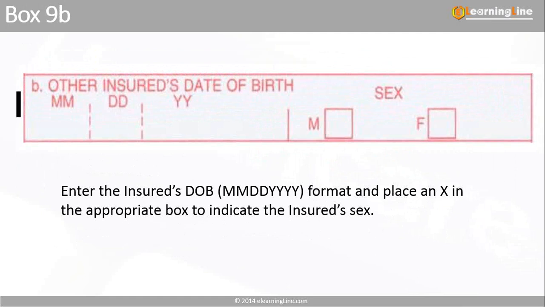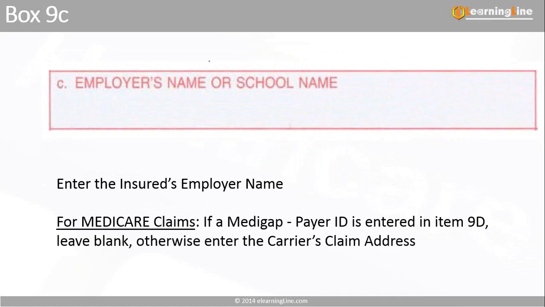Other insured's date of birth. You enter the insured's date of birth in the same format, and again the sex, male or female, and that's how we check, depending upon what piece of information you have available. Employer's or school name. If you are a student, then you'll have a school name.